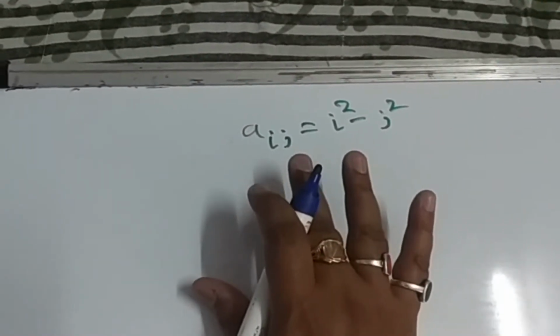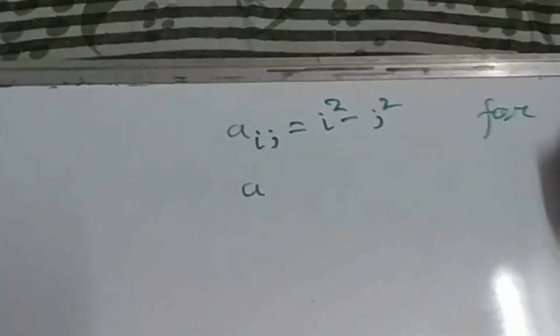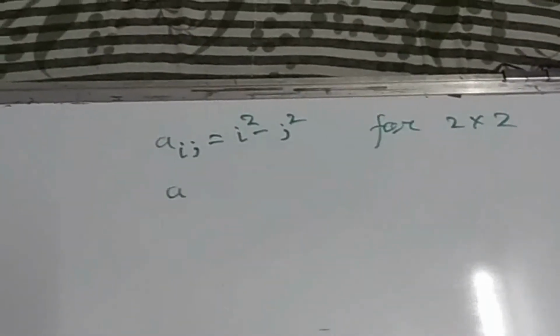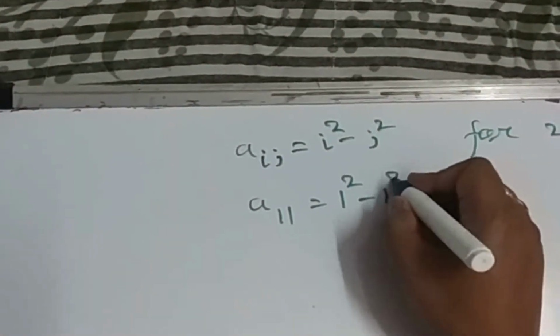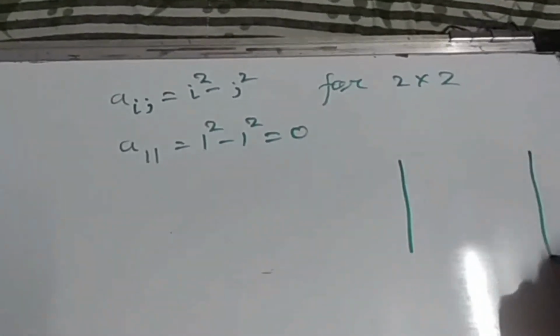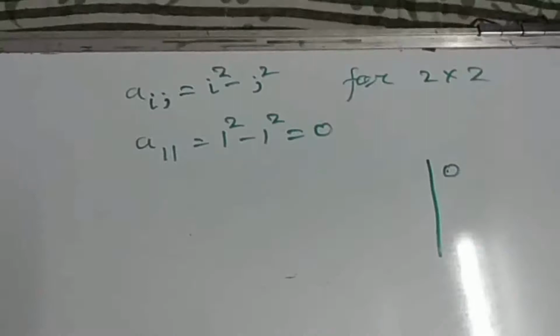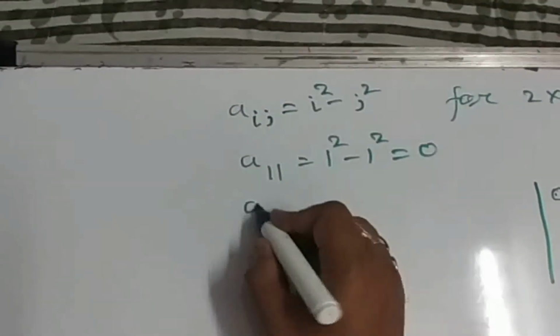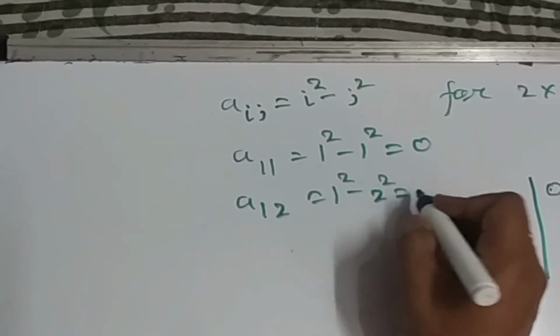for 2 into 2 I am trying, okay, for 2 into 2. A11 will be 1 square minus 1 square, that is 0. So this is the determinant, this position is A11, so I have got 0 here. Now A12, that is 1 square minus 2 square, that is minus 3.